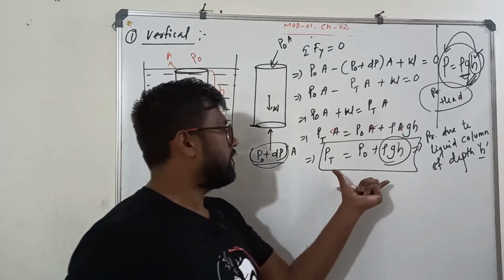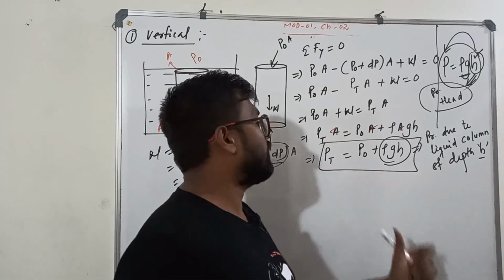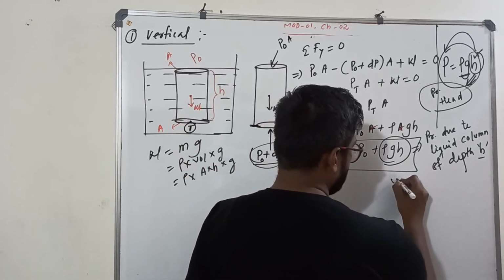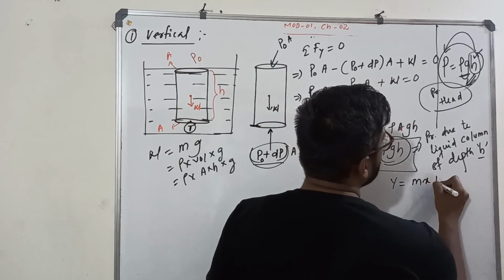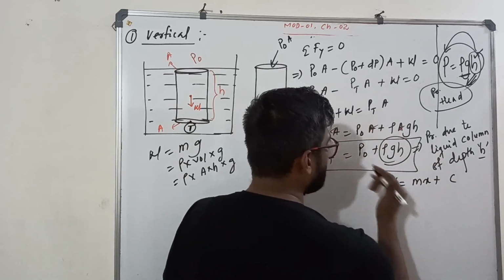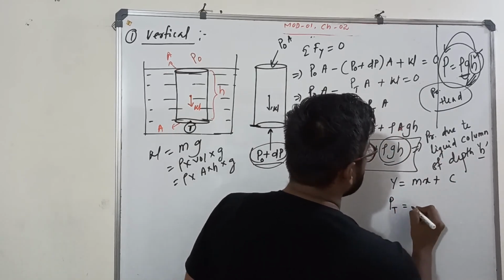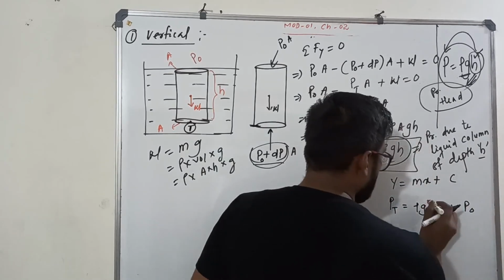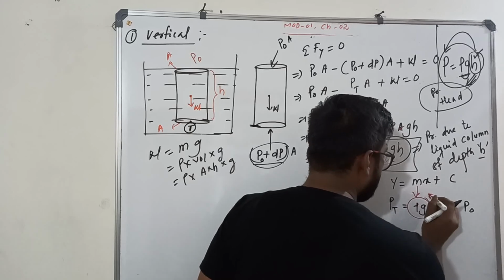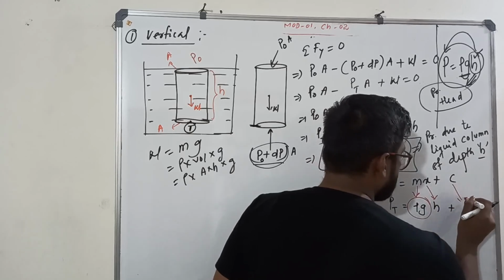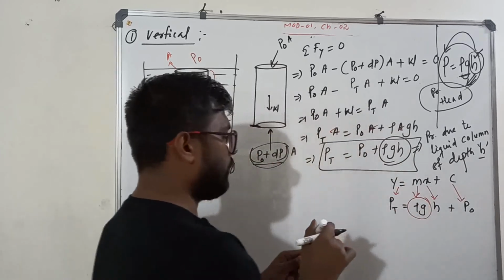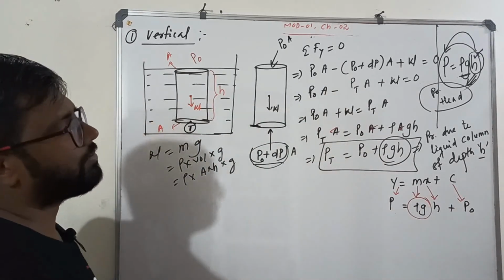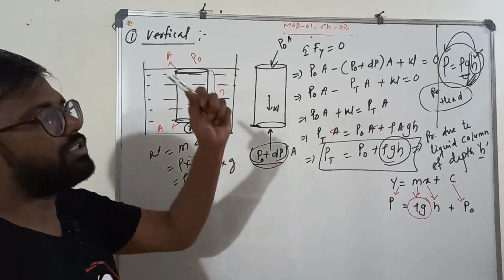But look at this. This equation reminds me of one more equation, that is y is equal to mx plus c. If I just reshuffle this equation, Pt is equal to rho G H plus P naught, where rho into G is your M, X is the H, C is the P naught, and Y is the Pt, or simply the pressure P equal to rho G H plus P naught.